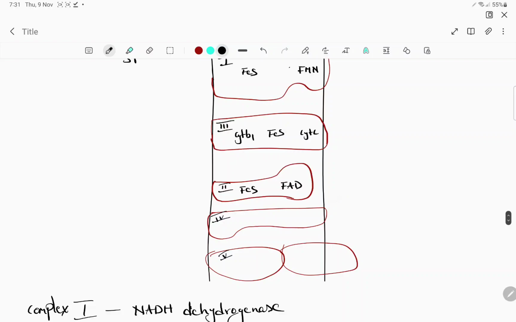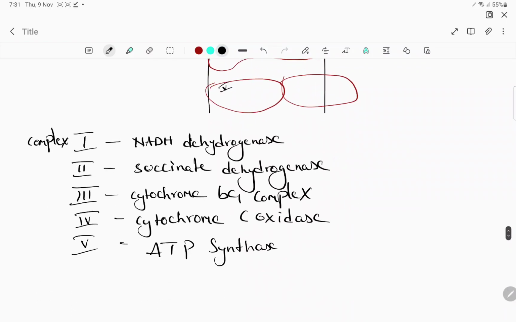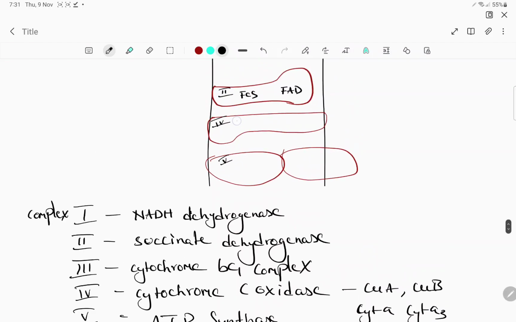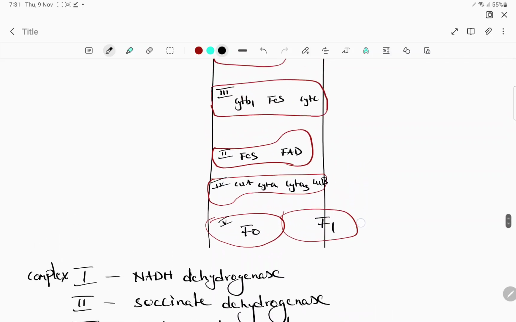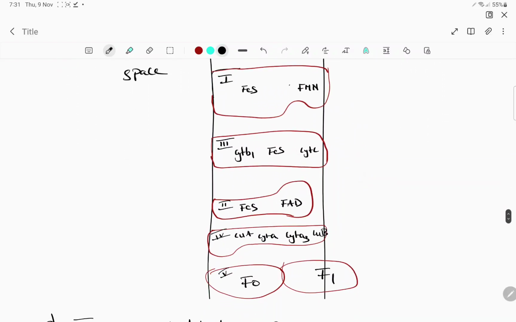And for cytochrome C oxidase you will be having copper A and copper B, site A, site A3. So you have to write copper A, site A, site A3, and we have the copper B. ATP synthase: F0, F1.